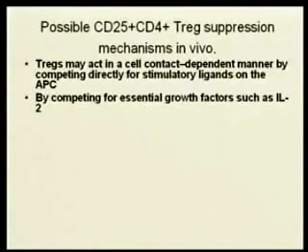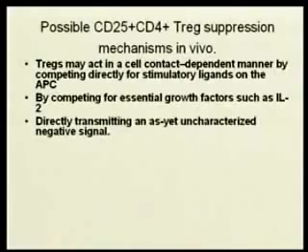By doing this, IL-2 will not be available for the naive or other cells of the immune system. It's also thought that they may come into contact with the cells and transmit some regulatory signal, as yet uncharacterized. So again, it's just a hypothesis.